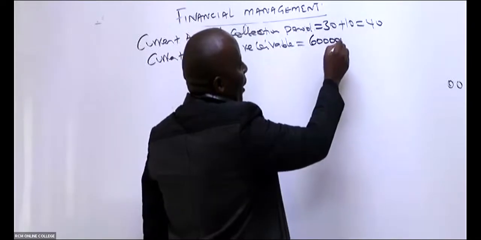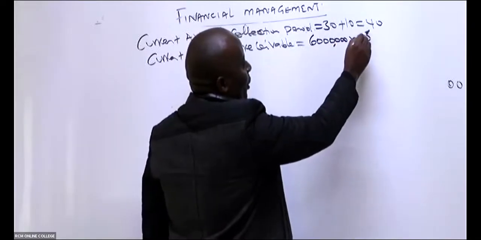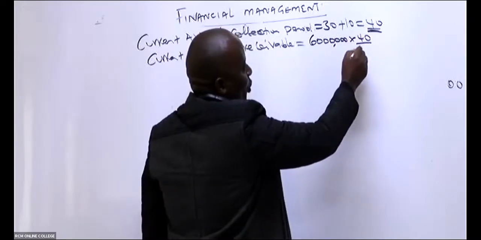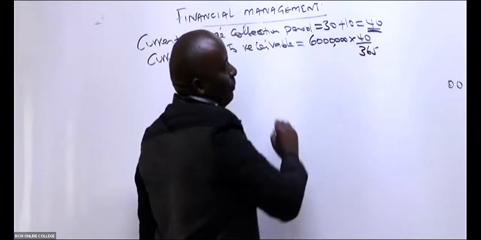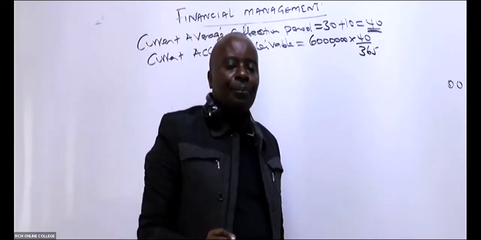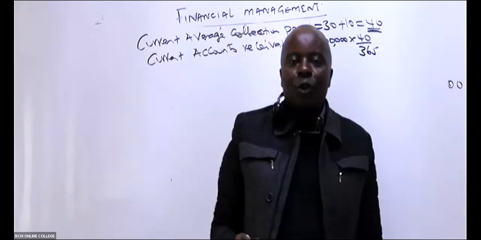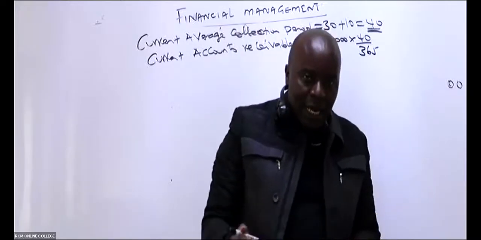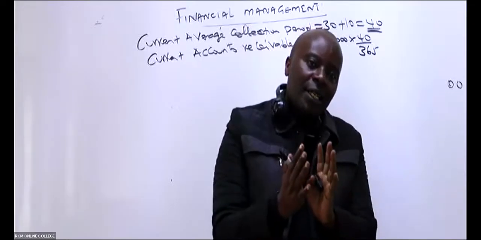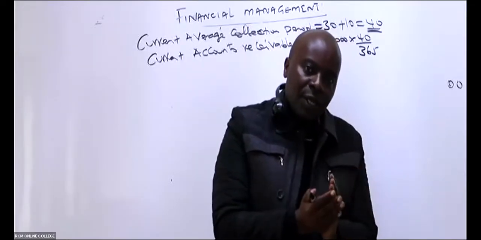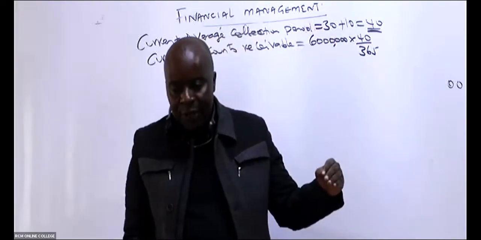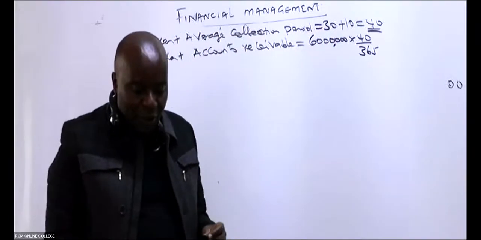So this 6 million is what I apportion using the credit collection period out of 365. You're selling 6 million in a year, but of course we expect at the end of the year to be having 40 days of these sales as receivable. So 40 over 365. This gives me what figure?